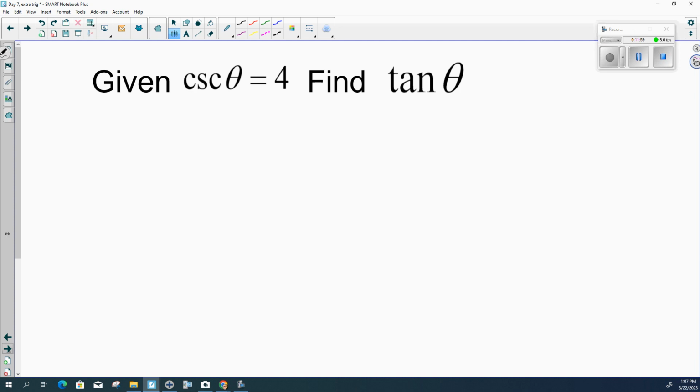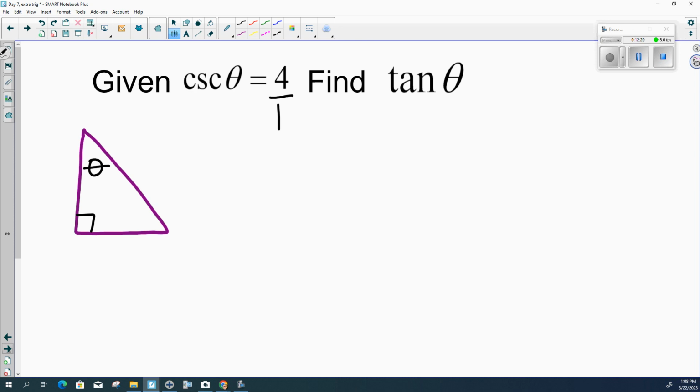So first thing I would do is draw myself a reference triangle. Look back here, see what the cosecant parts are. What are they giving us? Put them on your picture. So I'm going to put that over 1.